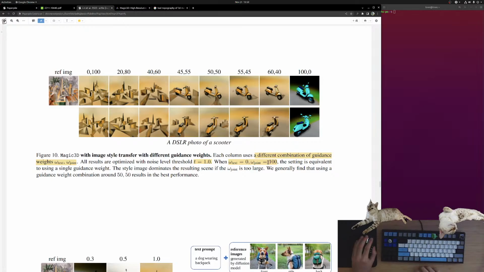When W_text equals 0 and W_joint equals 100, as it is here, there's no weight given to the text embedding, so it's not going to be anything related to a DSLR photo of a scooter. When it's the complete opposite, when you have 100 on the text embedding weight and 0 on the image conditioning weight, then it's only going to be paying attention to the text. So there's this balance that they try to find here. I think they said 40-60 or 50-50 results in the best performance.